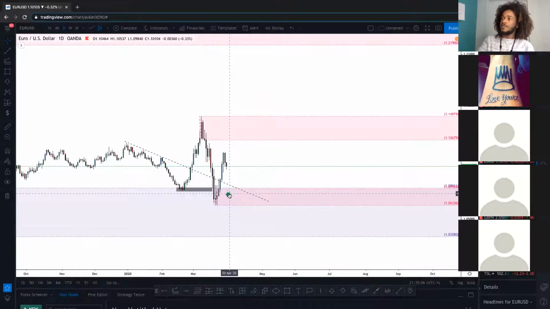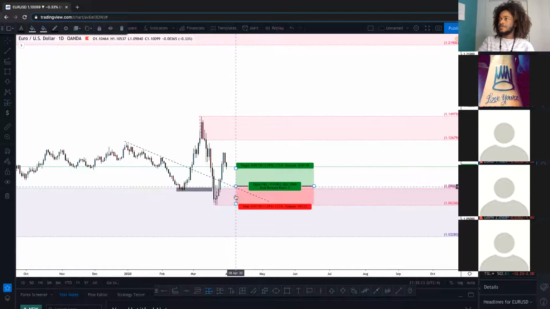What I'm going to do is save this trade. To save the trade, we just click publish so that we can see what happened after.